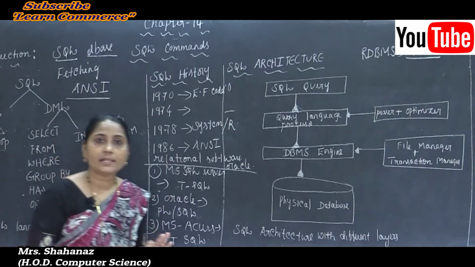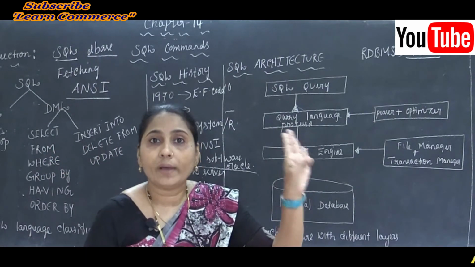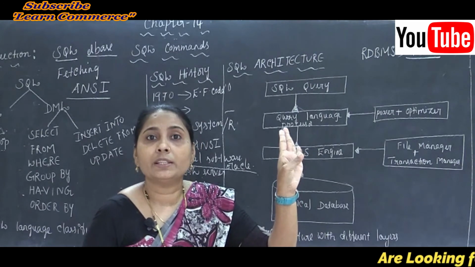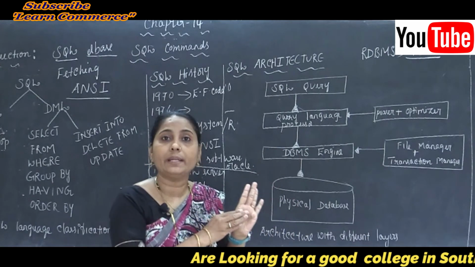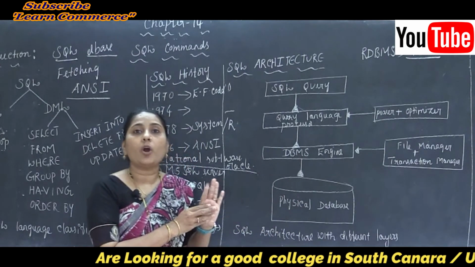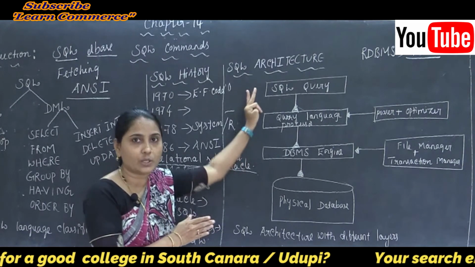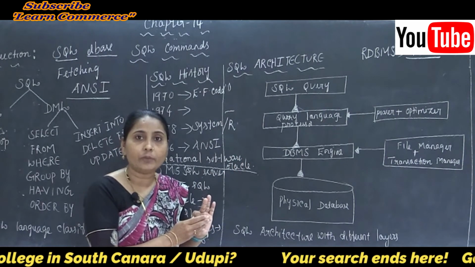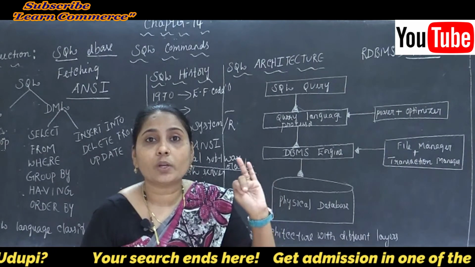Clear? So we can say that we need to use some components. The first one is the query dispatcher, where we need to do the dispatching of the language in this case. And also the optimization engine we need, it is a component of the SQL architecture, and with that we need the classic query engine and the SQL query engine.